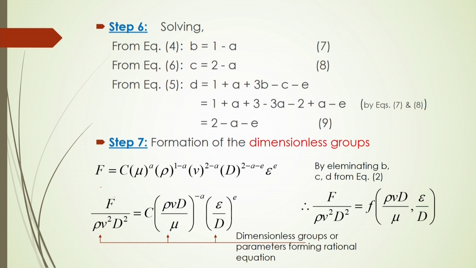There are only 3 fundamental dimensions, that is M, L and T, that means mass, length and time. So, if you subtract the number of fundamental dimensions from the total variables, you get the number of dimensionless groups that will form. So, here 6 minus 3, that is 3 dimensionless groups will form. Accordingly, you will see 3 dimensionless groups here.